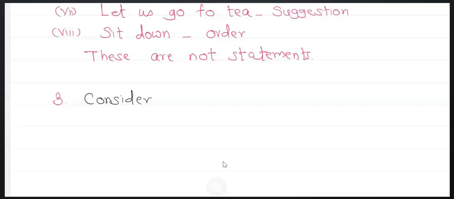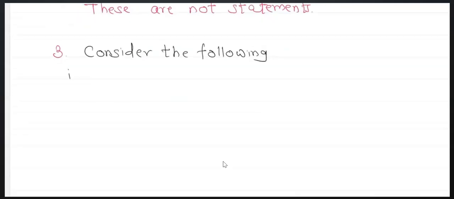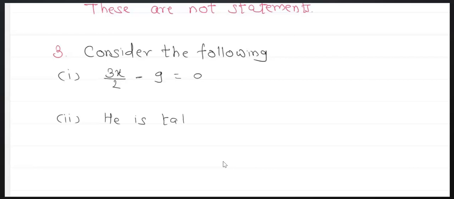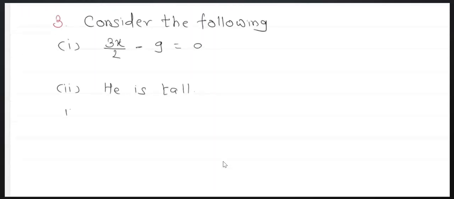Now next, consider the following. 3x upon 2 minus 9 is equal to 0. He is tall.